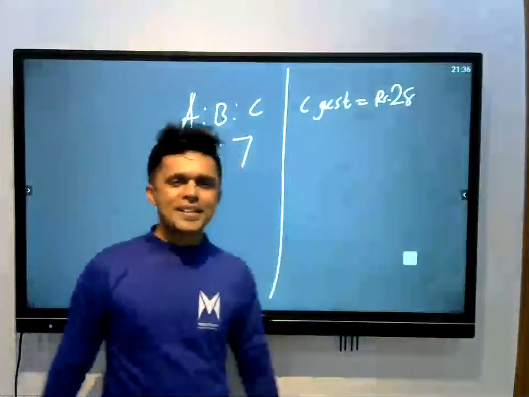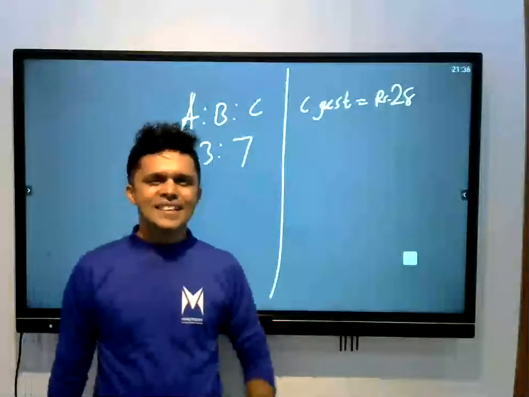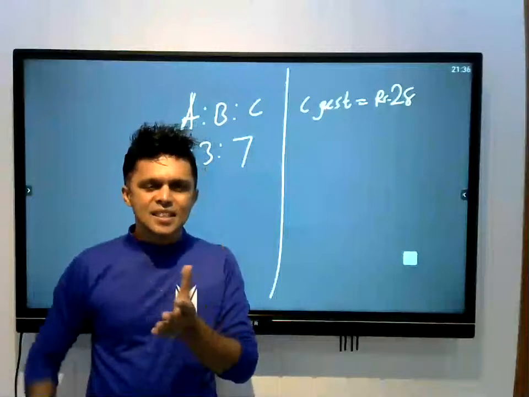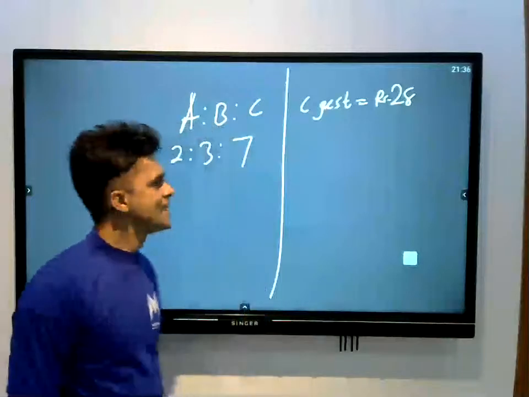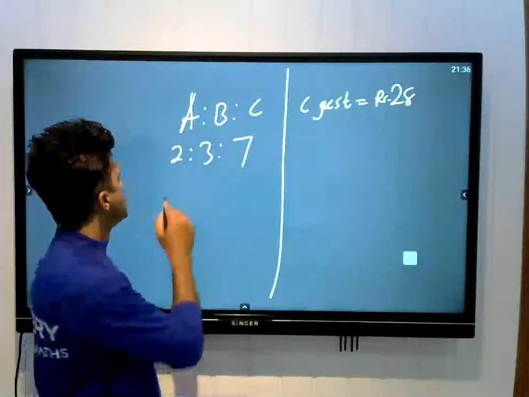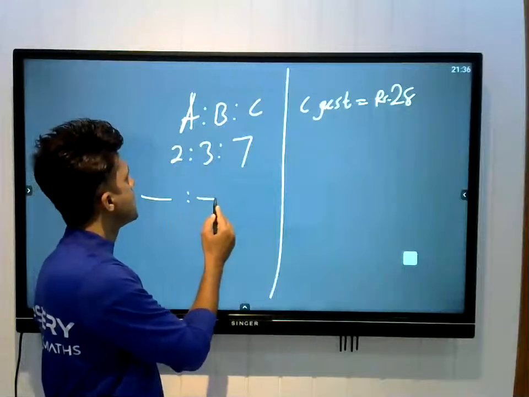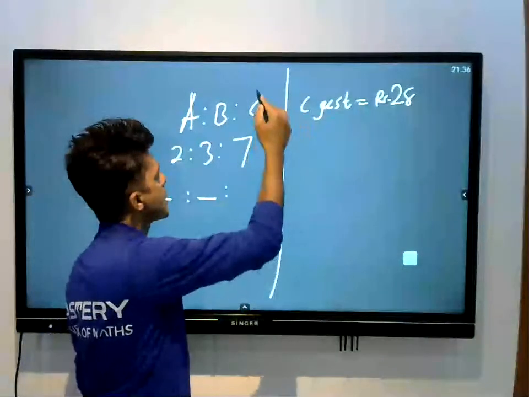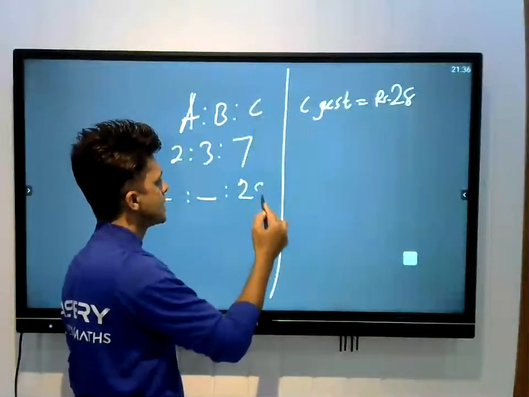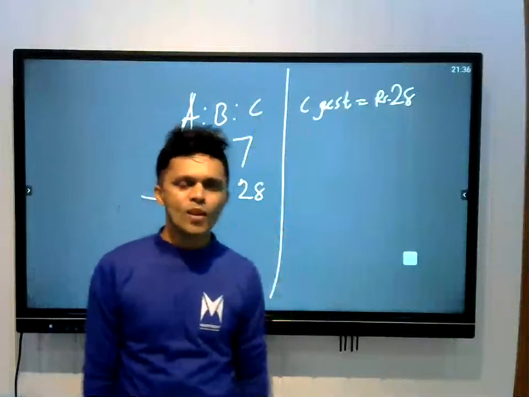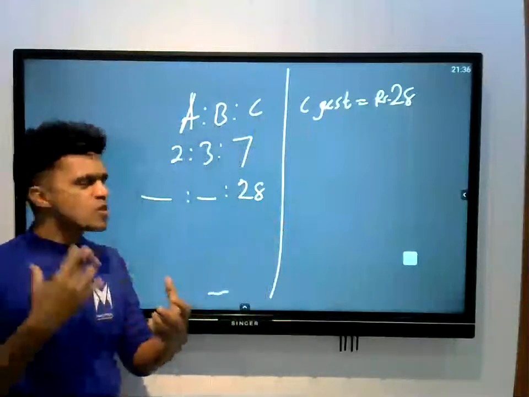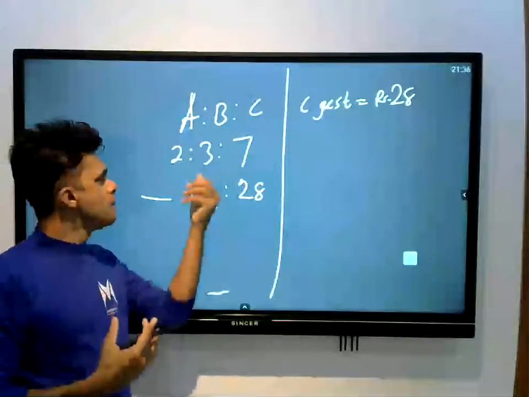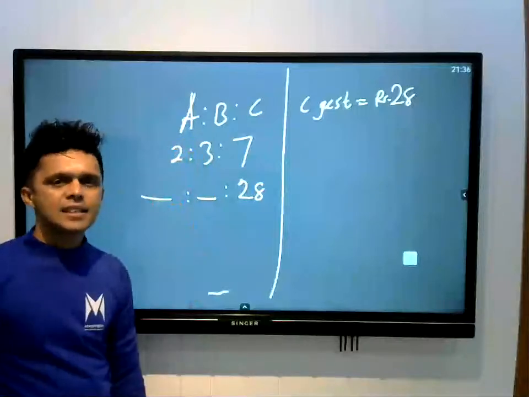Can we get the amounts taken by A and B? The amount taken by C is 28. Okay. Now, are we able to get the amounts taken by B and A?